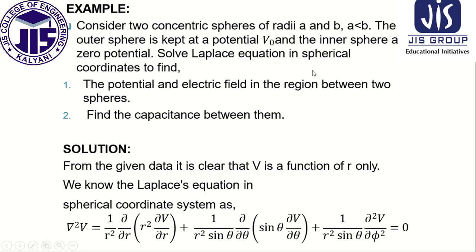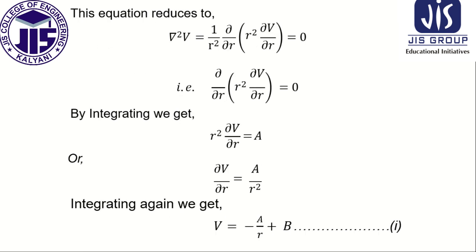Since here we are solving in one dimension, the theta and phi terms will be 0. So nabla squared V equals 1 by r squared del by del r of (r squared del V by del r). This term will remain and the rest will be 0.